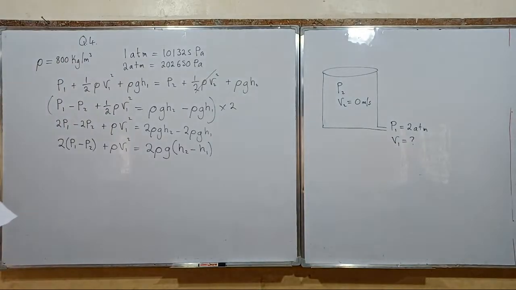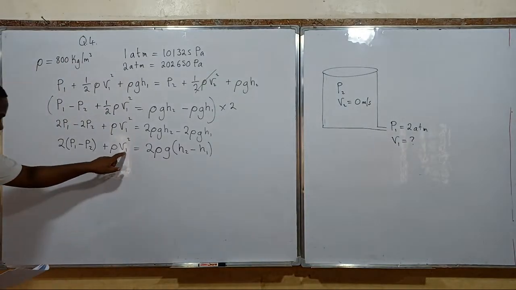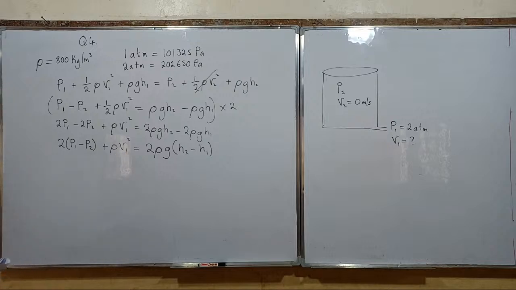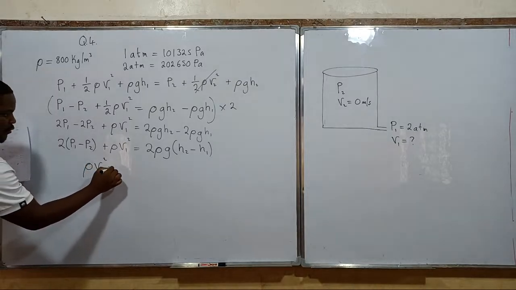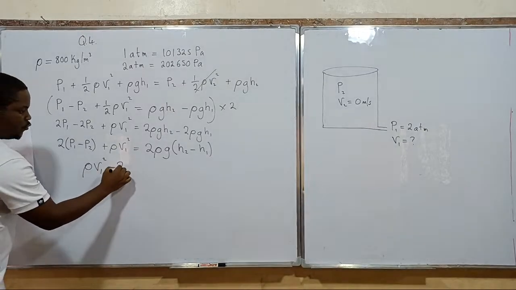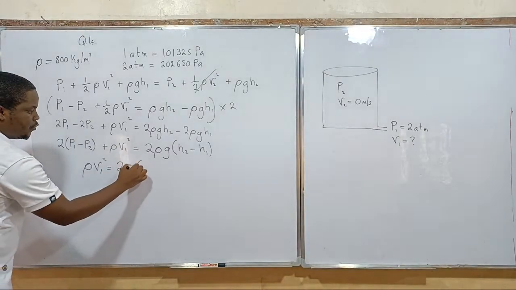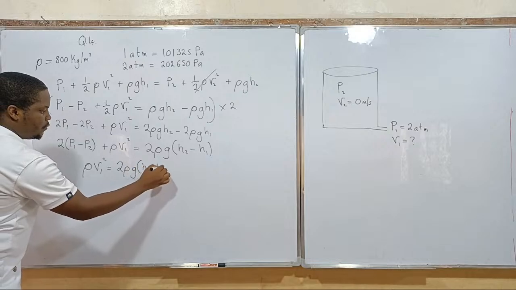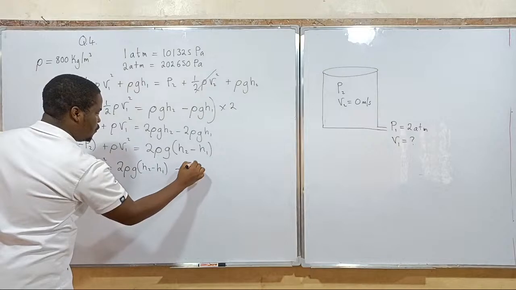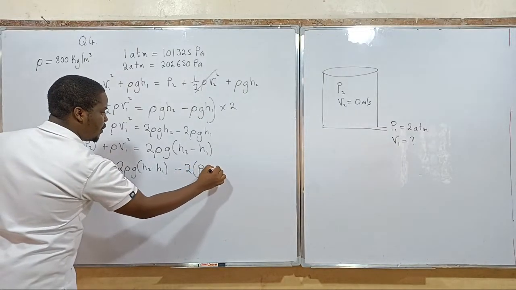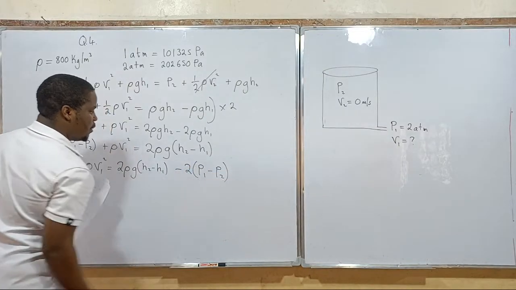Okay. Let's make this guy the subject of the formula. To do that, we're going to push this guy to the other side. What do we get? Rho v1 squared is equal to 2 rho g, open bracket, h2 minus h1. So this will cross the equal sign to become minus 2 p1 minus p2, like that.